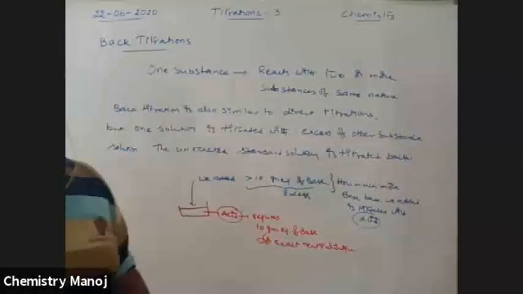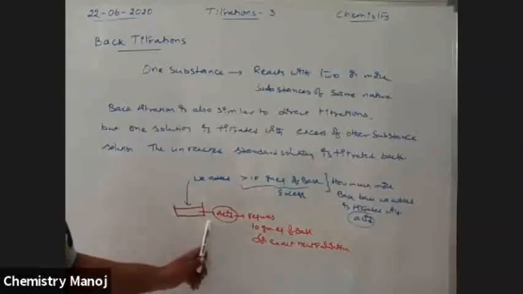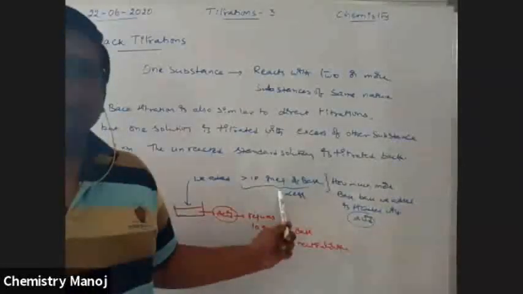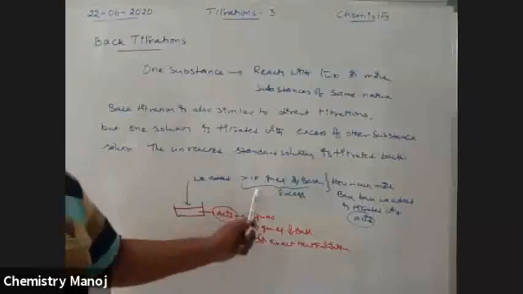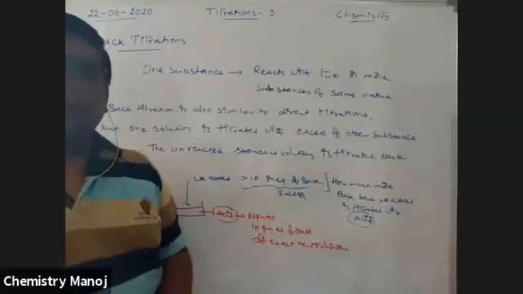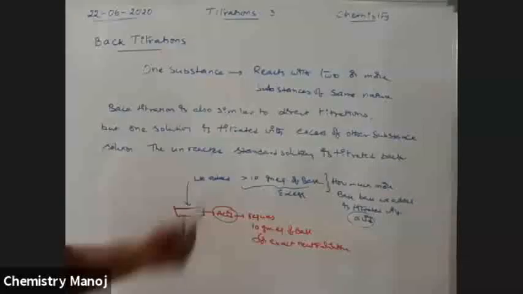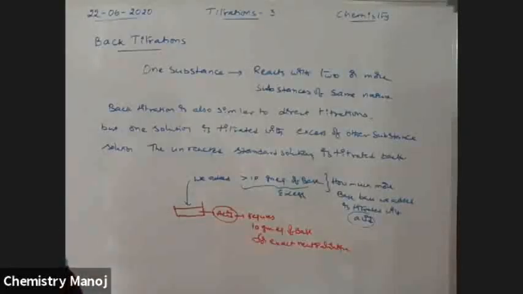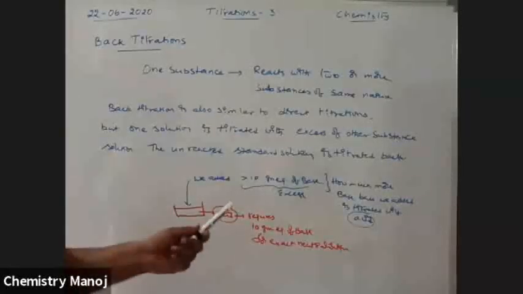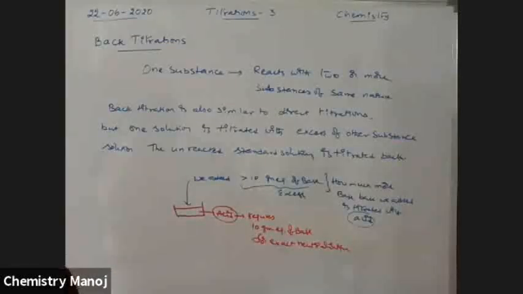See, my dear boys, one chemical is titrated with two chemicals. One is in excess, and that excess is titrated. So now we are taking some problems, and no doubt it will clarify.